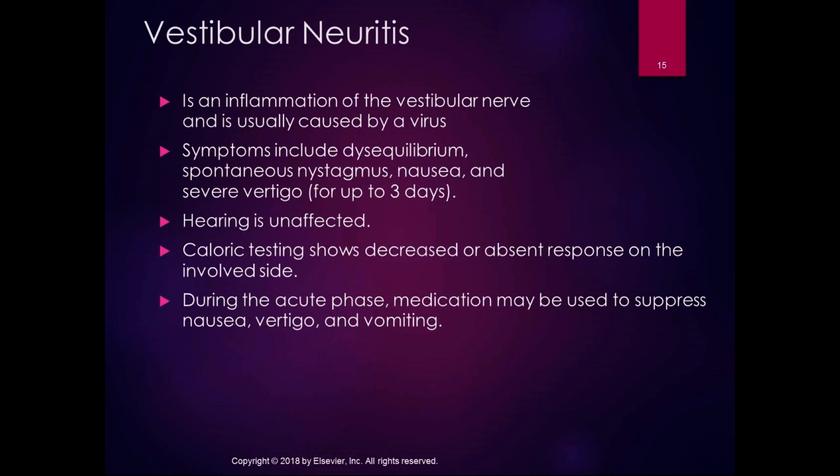It's usually just one side versus the other. So you get those intersensory conflicts that cause the symptoms. During the acute phase, medication might be used to suppress nausea, vertigo, and vomiting. So vestibular neuritis can be pretty debilitating, but luckily you do get better from it.